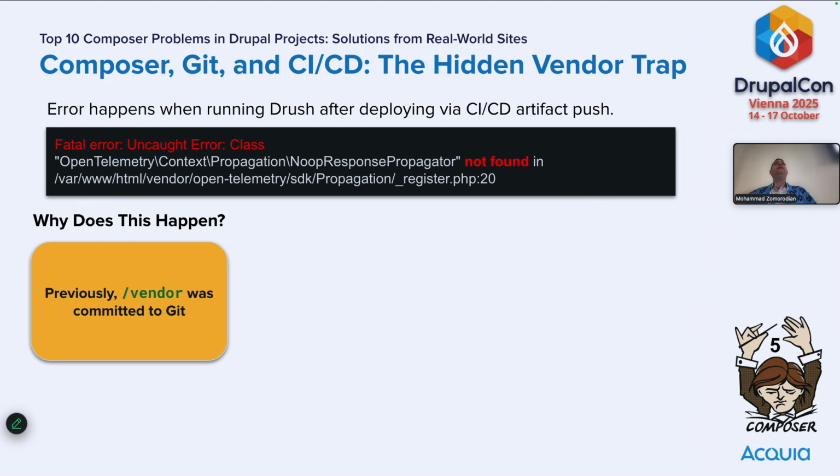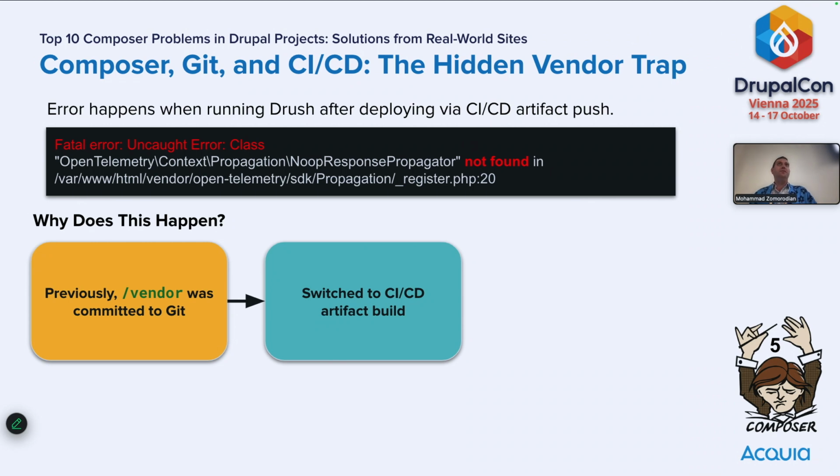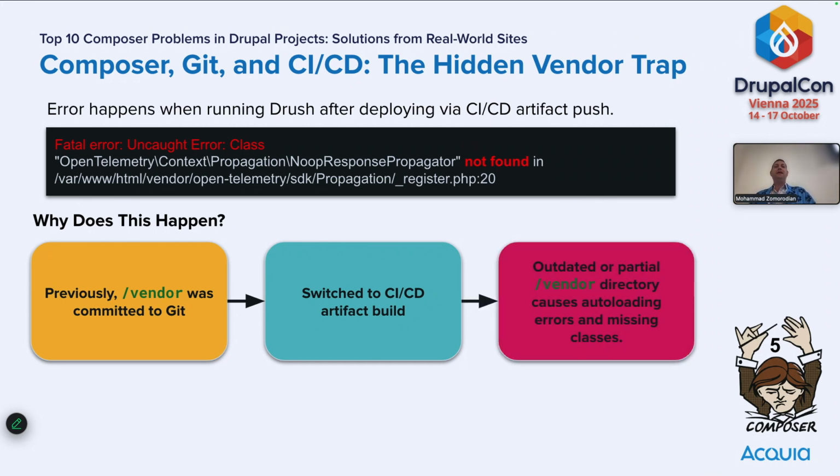Then they decided to switch to a CI/CD process, going to GitHub, GitLab, or another container process. That caused an outdated or partial vendor directory, causing autoloading errors and missing classes on the destination.